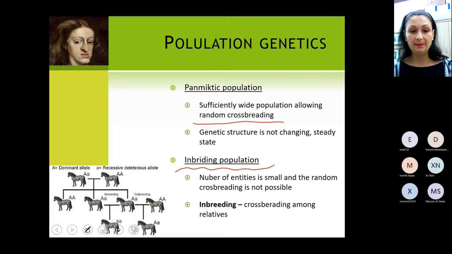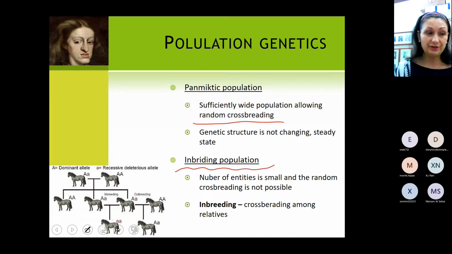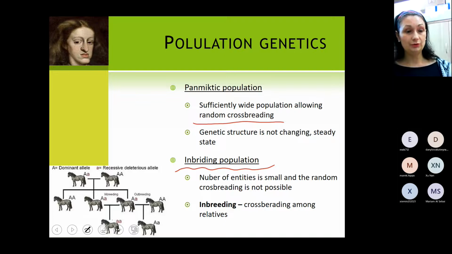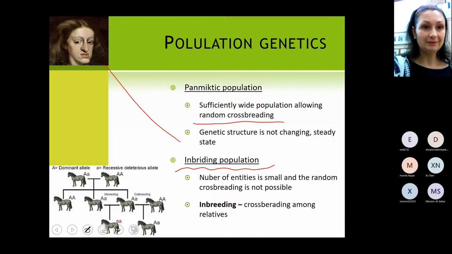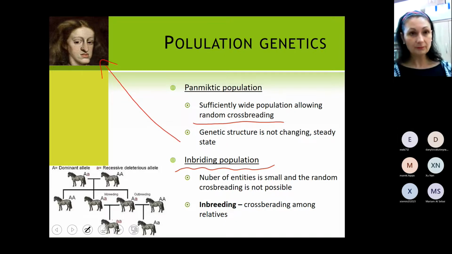So it means, for example, that the number of humans is too small. For example, a group of 30 people, 15 men, 15 women, is a pretty small group. And over time, there is a big risk that close relatives will inbreed, will marry, and will have children which might be affected somehow.